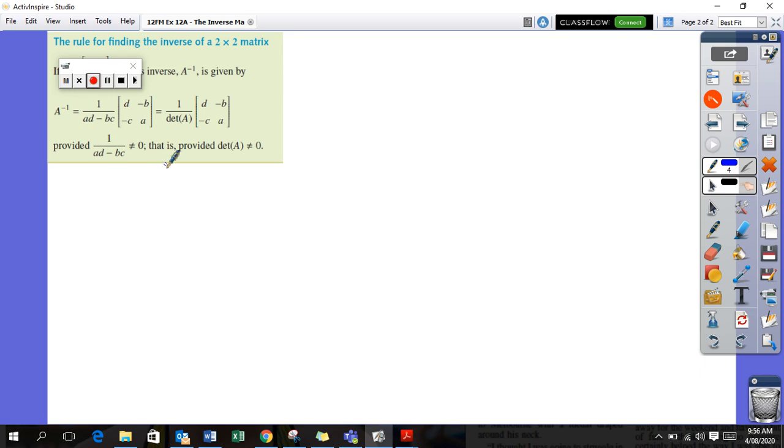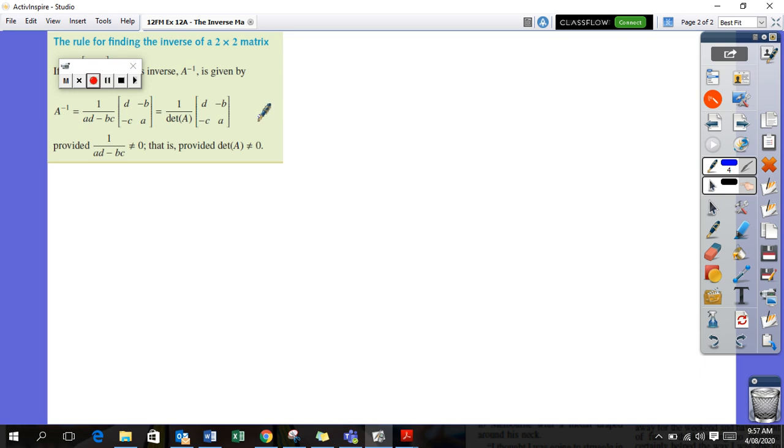Okay, now we've got a rule for finding the inverse of a 2 by 2 matrix. As I said, anything bigger you'll just use your CAS calculator.